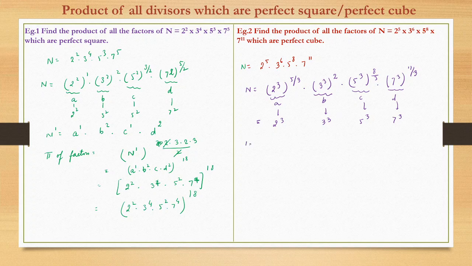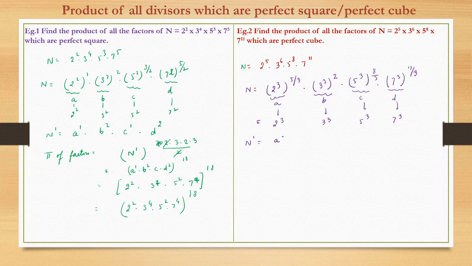n dash would be A raised to power, now 5 by 3 is 1.66 something. We will ignore the decimal part for the reason I told in the just previous example, because we have to at least have a power of 3, and in decimal we cannot have a power of 3, that we are going to ignore.